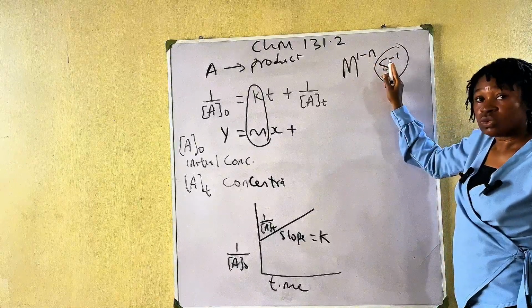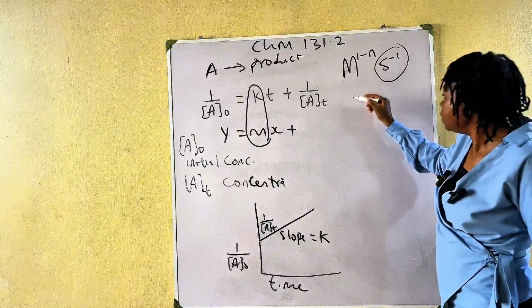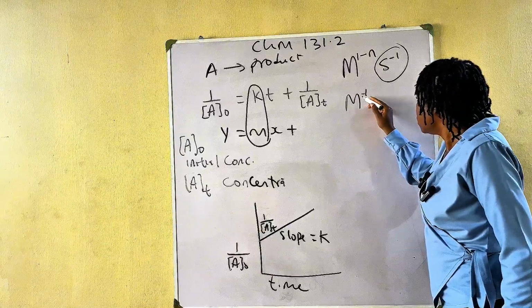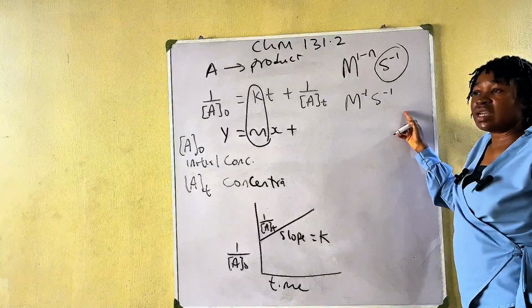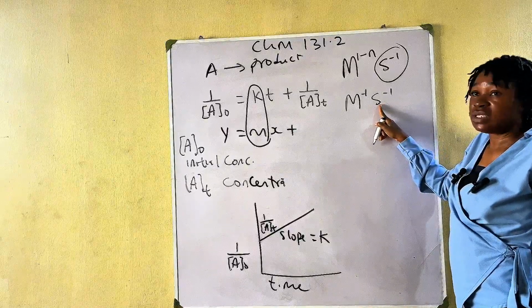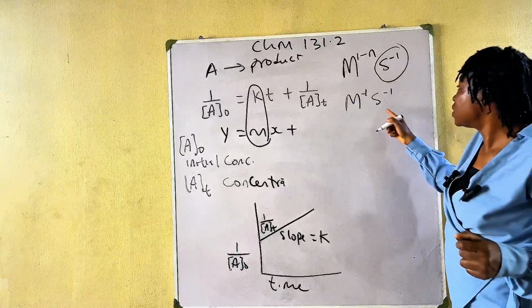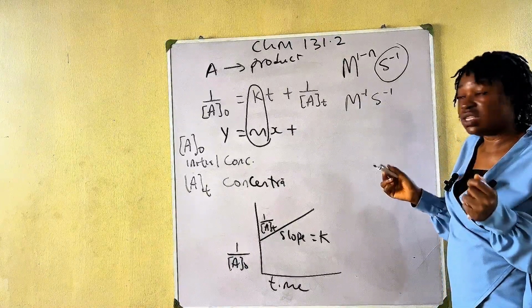So if the order of reaction is second, 1 minus 2 is what? Minus 1. So this is the unit for second order reaction. Remember, this time is in seconds. It can also be minutes, hours, or years, depending on what is given in the question.